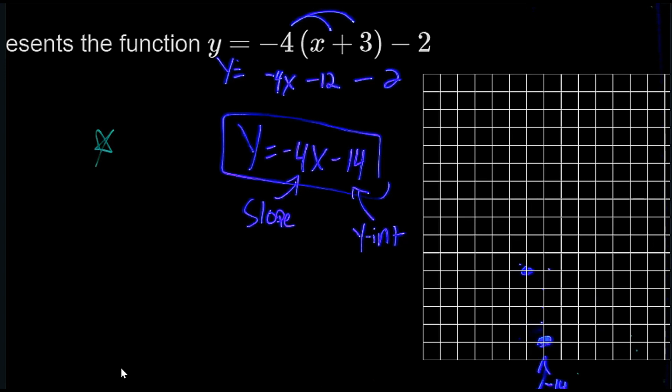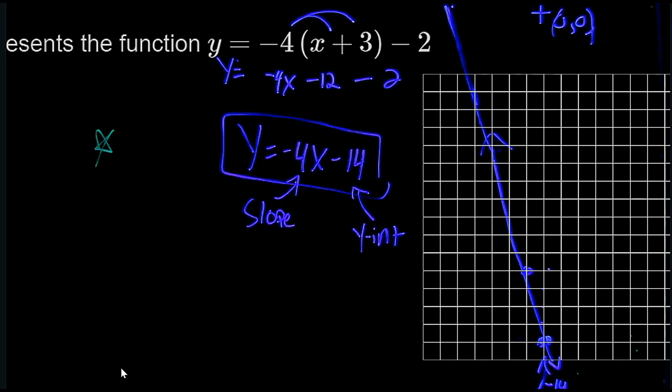This would be going up 4 over 1, so I would expect the slope to be very, very steep. If I can connect these two with a straight line, something like that, in which the origin would be way up here somewhere. That's your 0, 0 right there, because we're starting at 14 down. So that's what I would expect the graph to look like. And it would go that way forever.